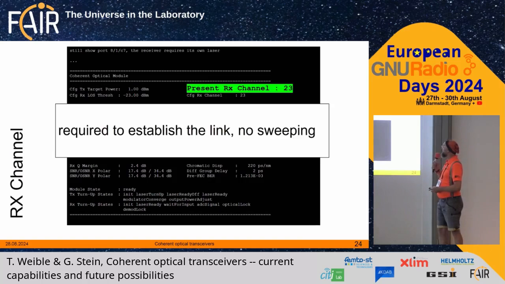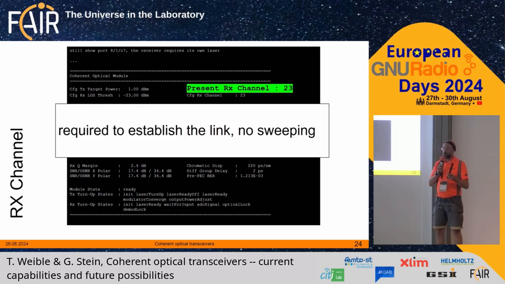So the first one, what we saw there is the RX channel, and typically when you talk about a tunable transceiver, you think about the laser, the TX channel, which you tune. Now with coherent modules, you have also the capability when the physics are able to do it, that's a really important note. You can also change the receiver channel if you want.